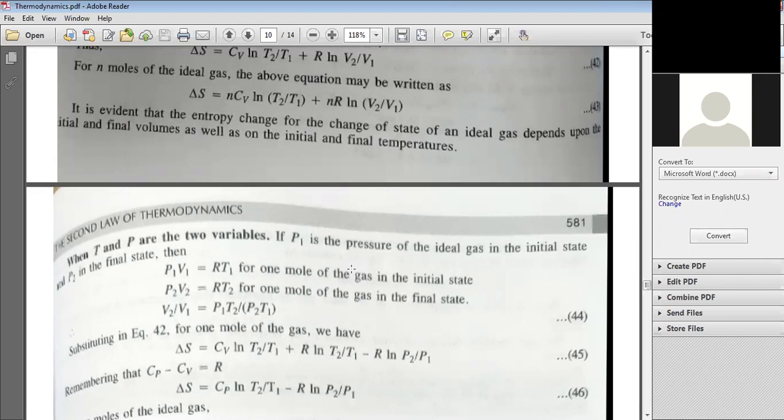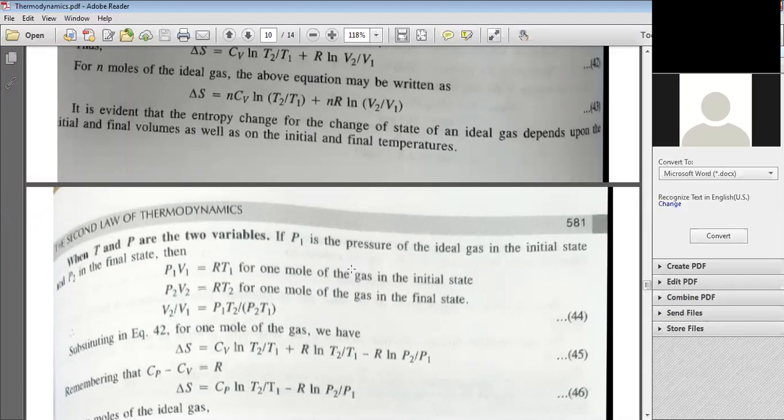If the volume parameter is not given, definitely it has to be converted into pressure and temperature terms. And you know very well that pressure, volume, and temperature, all three parameters of a gas, are interconnected with each other by means of the ideal gas equation PV equal to RT. Correct? So suppose we are again dealing with 1 mole of gas.